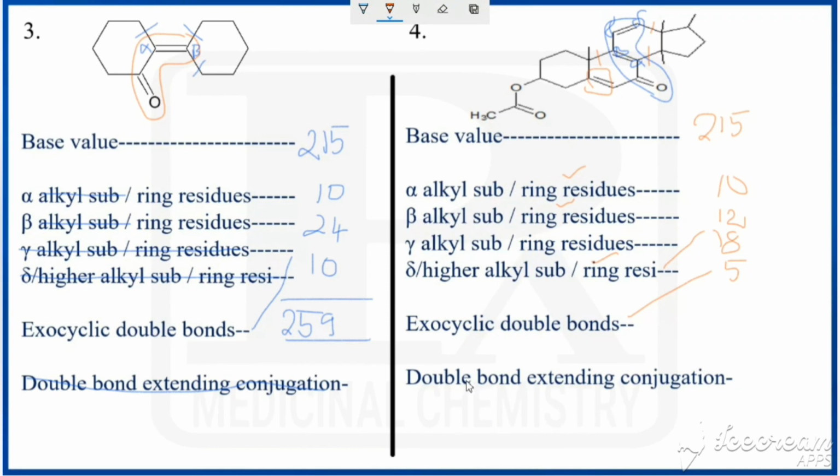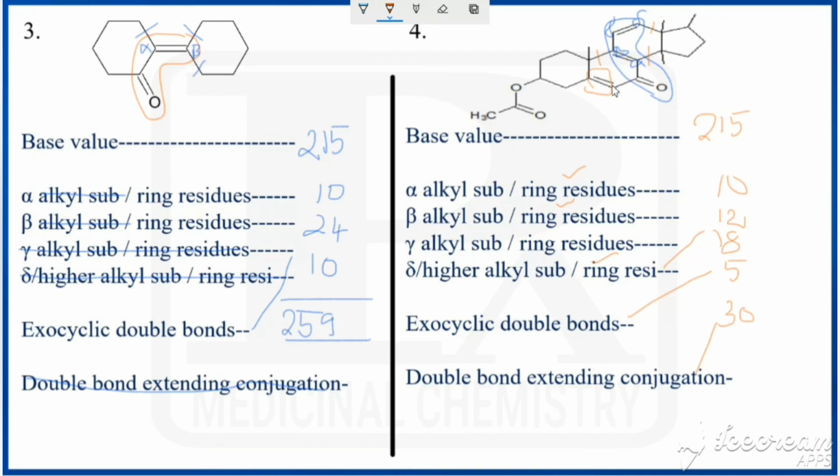Now we have to check the double bond extending conjugation. Here already this would be the parent one. So it is having one extra double bond extending conjugation. For one double bond extending conjugation, we have to add value 30. Now one more is there in the structure, that is, it is having a homoannular diene component. That is, within the same ring, two double bonds are there.